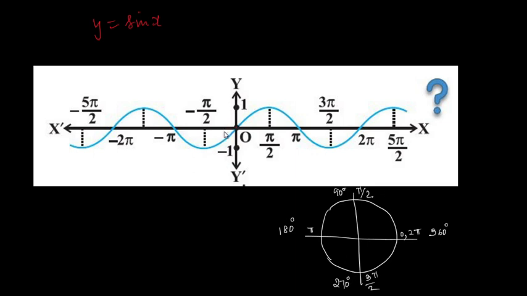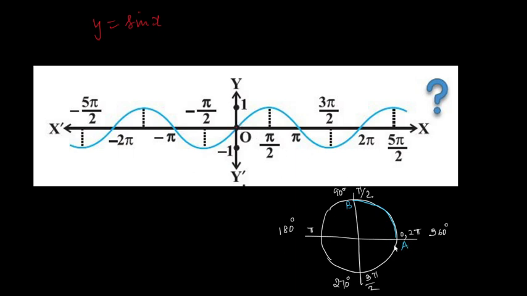Now let me go in detail. When we say 0 to pi by 2, it goes like this. Now 0 to pi. Are you able to follow?